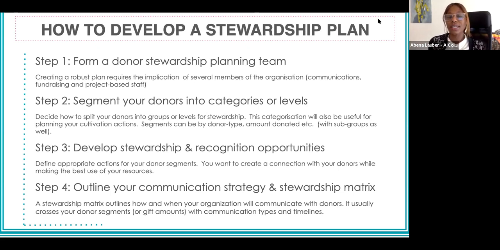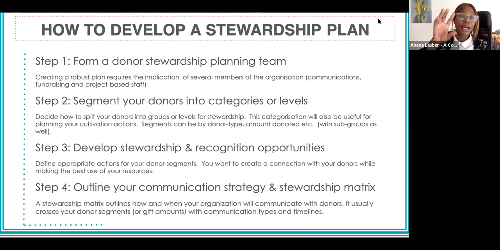Second, segment your donors into categories or levels. The segmentation of donors is very important for fundraising, for strategy anyway, so that's key. It's about deciding how you split your different donor groups. It could be either by amount given or donor type.